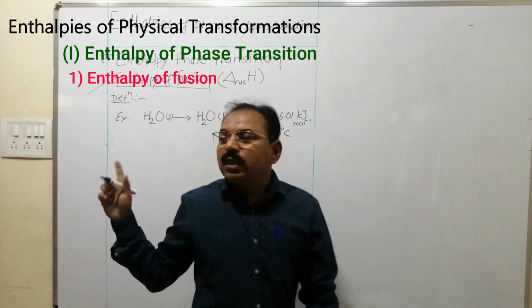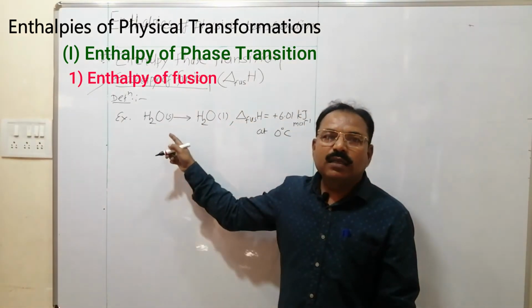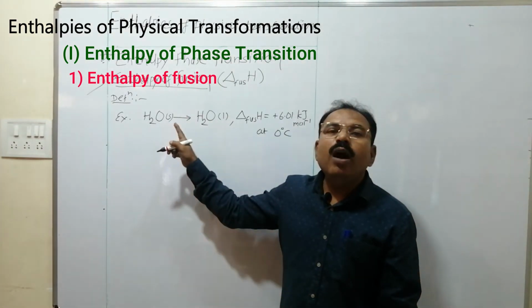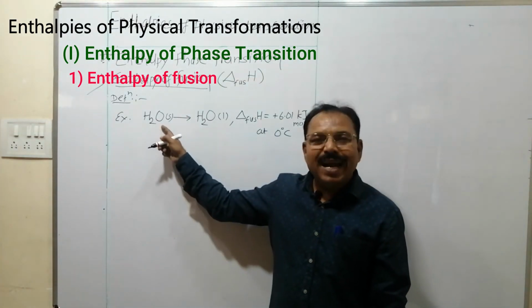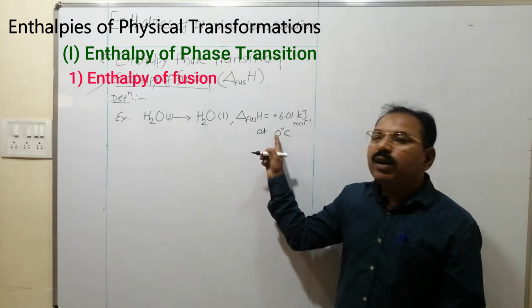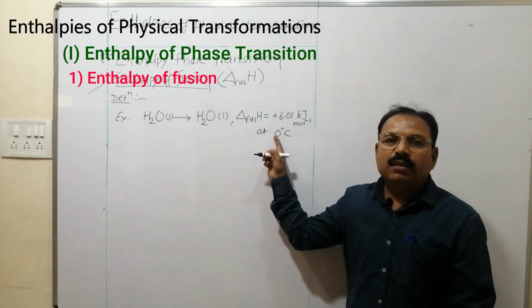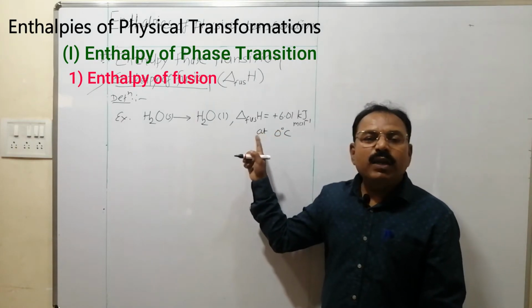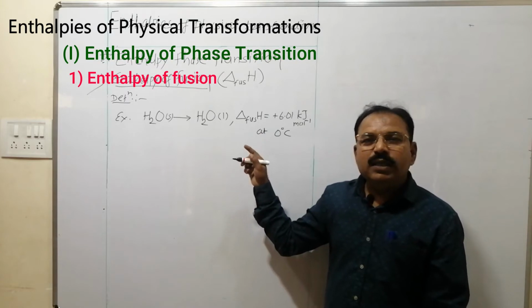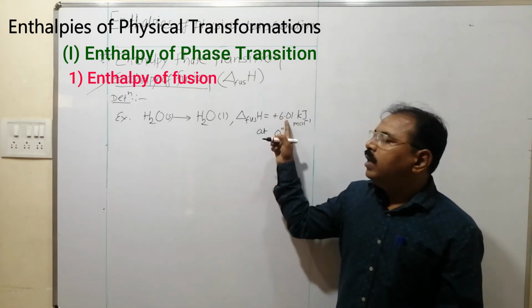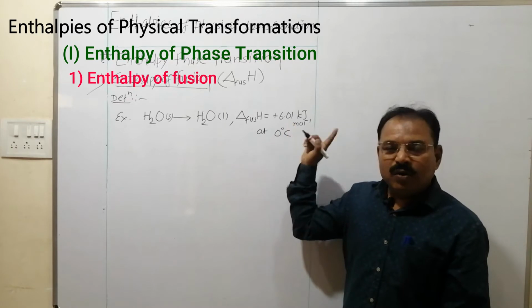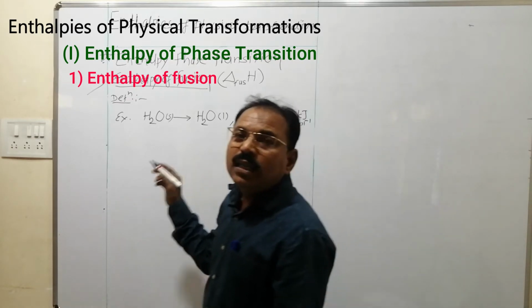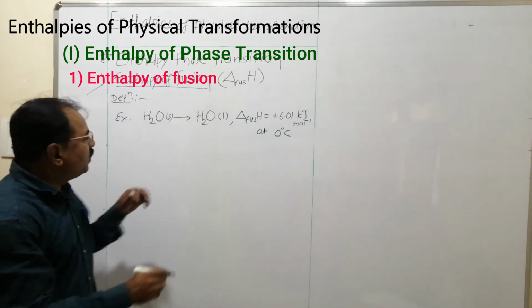The description of this example is like this. When 1 mole of solid ice melts at 0 degrees Celsius and 1 atmospheric pressure, the change in enthalpy is 6.01 kilojoule.